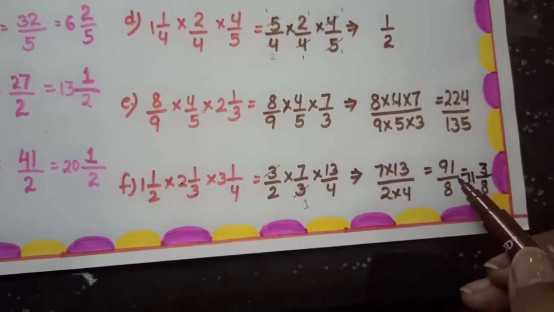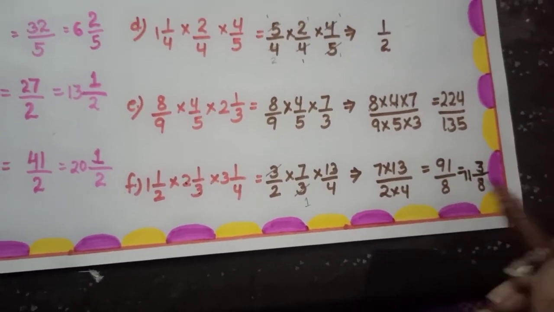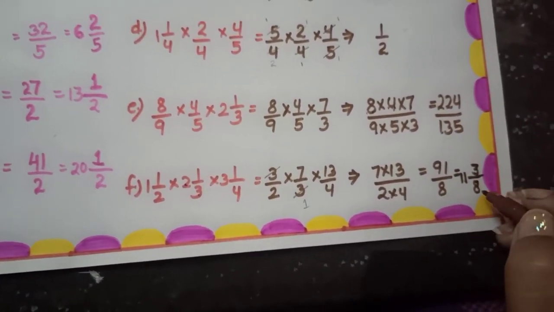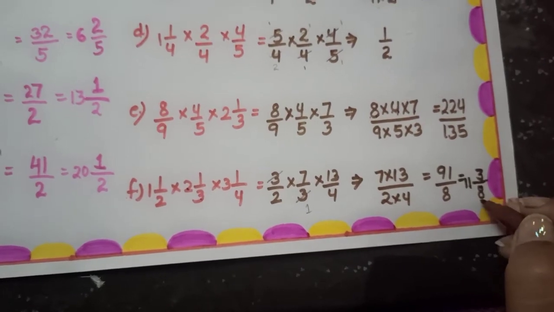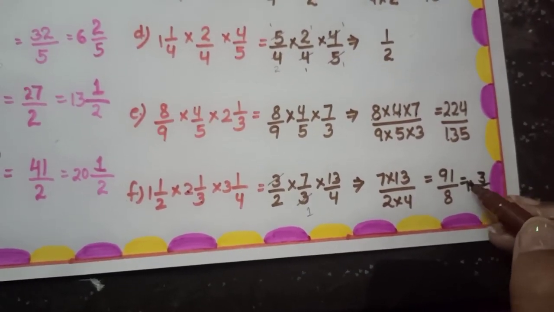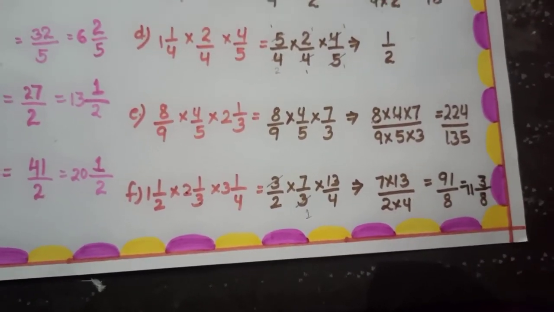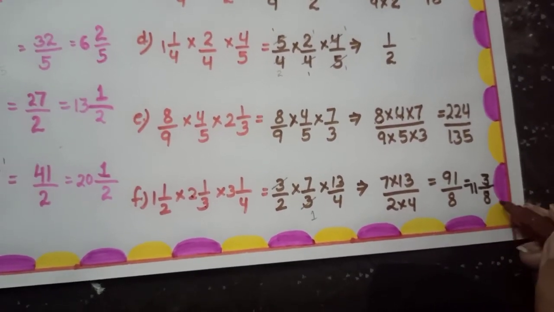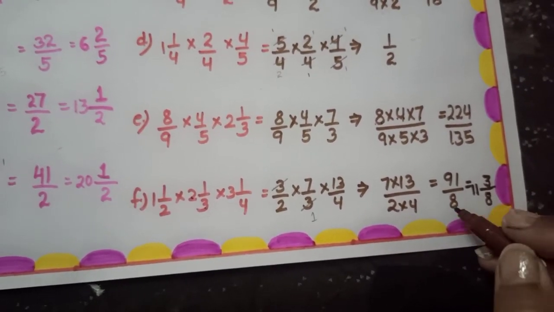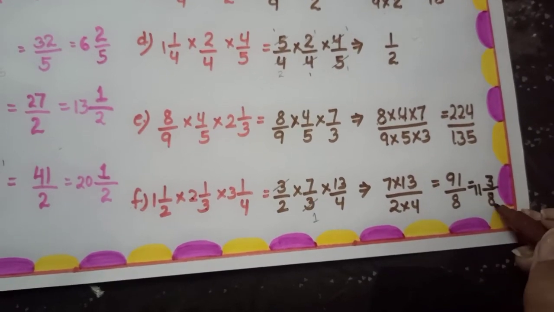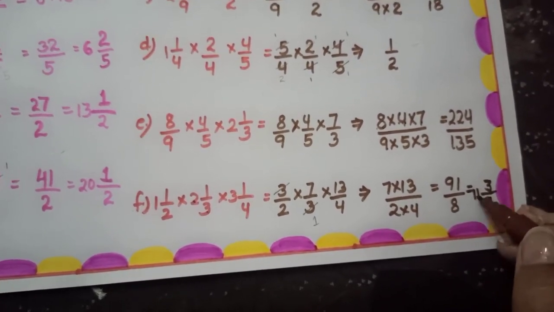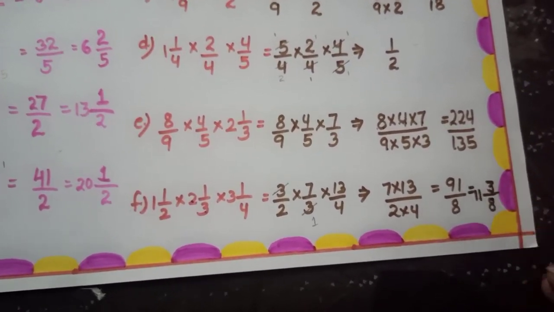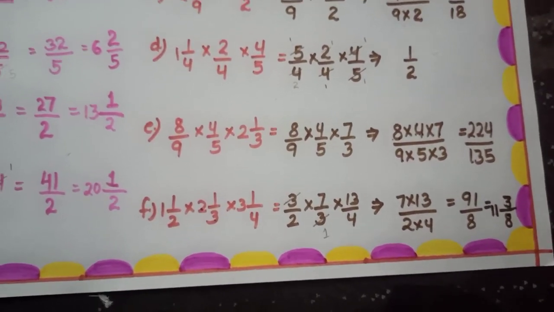Initially, we need to divide these numbers, and whatever is the dividend, write it down over here. Then this is the quotient part and this is the remainder part. Sorry, it is the divisor. Write down the denominator as it is, write down the quotient part as a whole number, and write down the remainder part as the numerator.